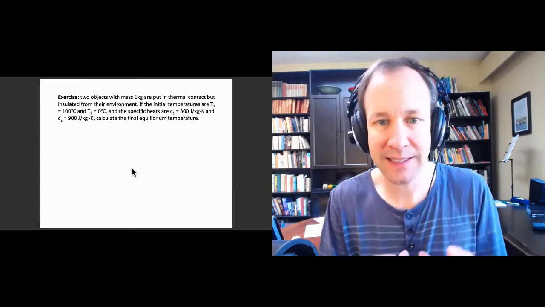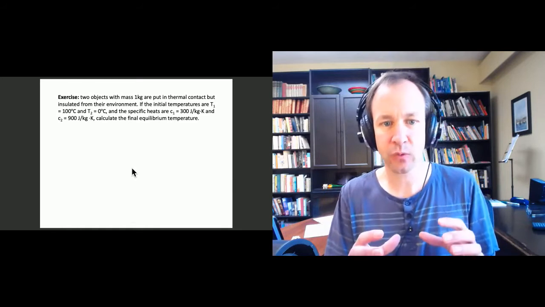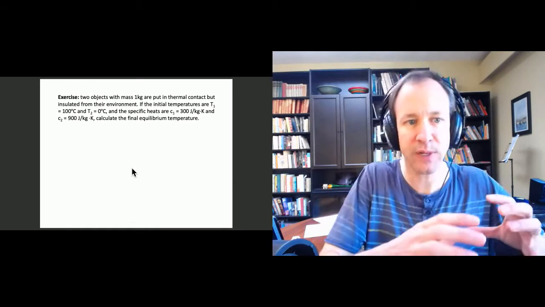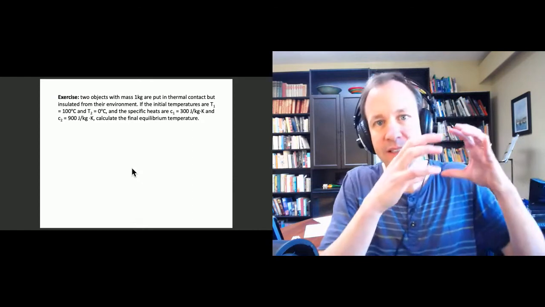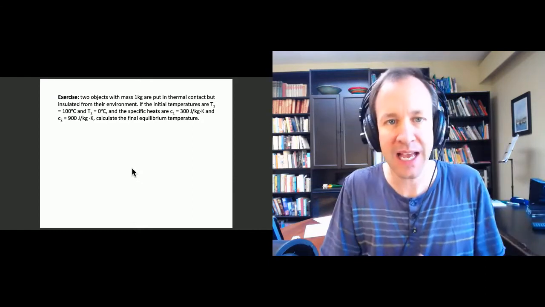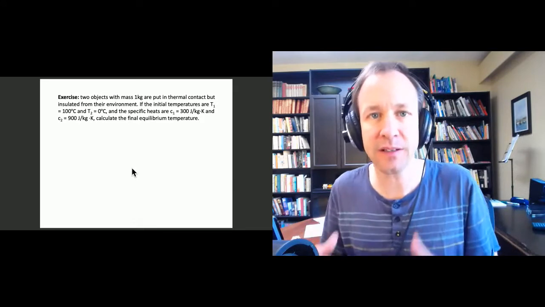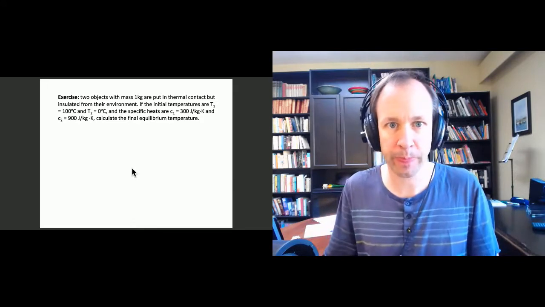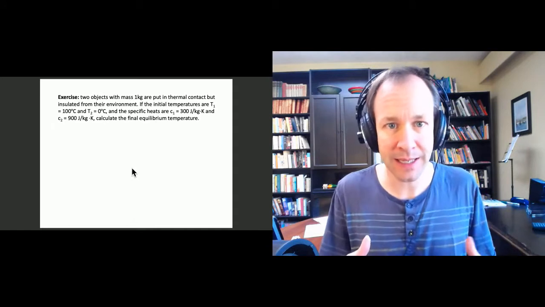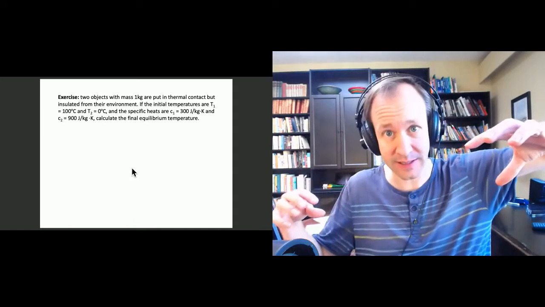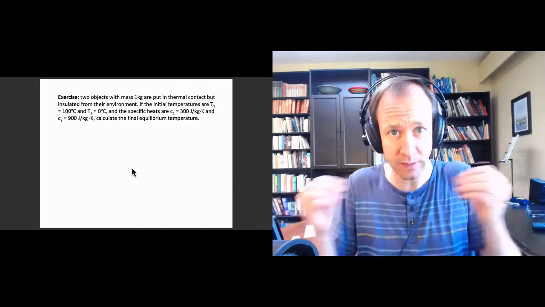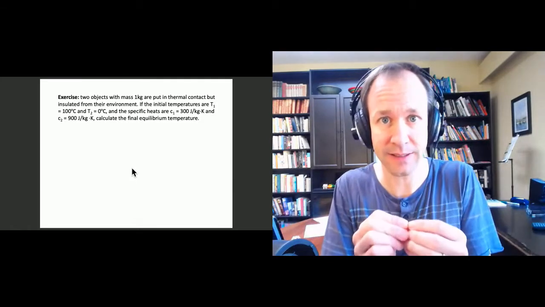And it goes back to the example from last class, where we had a brick or an object at 100 degrees with a mass of 1 kilogram, and it was put in contact with another object also with a mass of 1 kilogram. And we understood last time that even if one is 100 to start with and the other is 0 degrees Celsius to start with, you don't necessarily end up at 50 degrees Celsius.